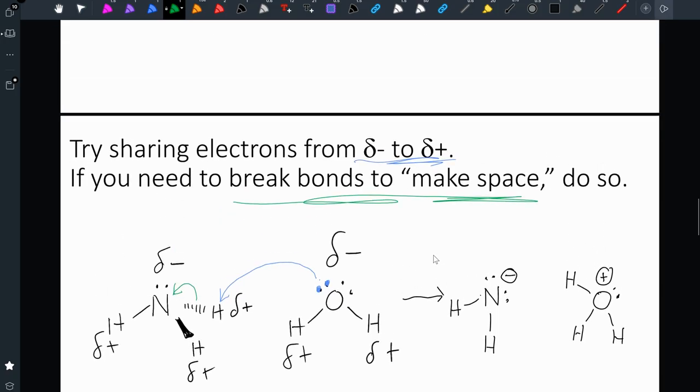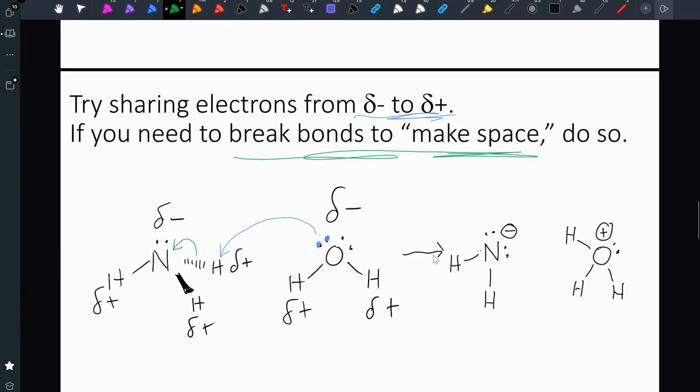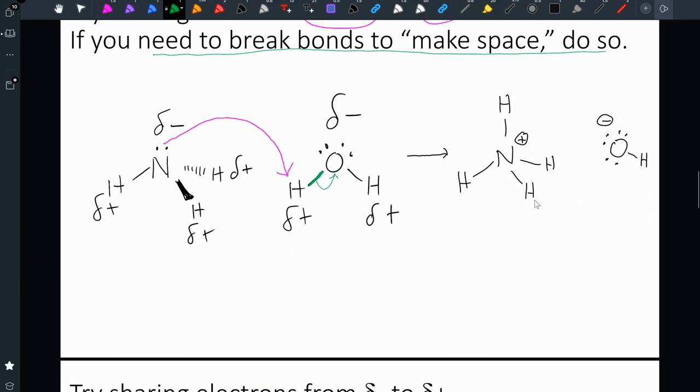So just for these 2 molecules, we came up with 2 simple predictions of what might happen when they get together. And this is really useful as a tool when you start to think about how reactions might happen. The question of which of these 2 is more likely to happen, we'll address in a moment.